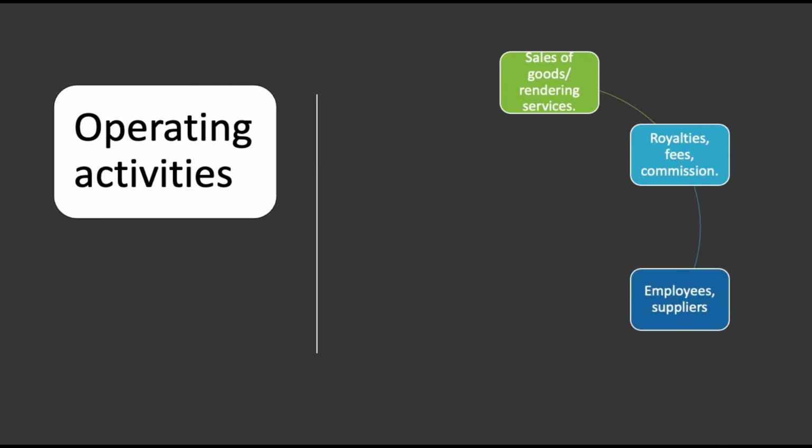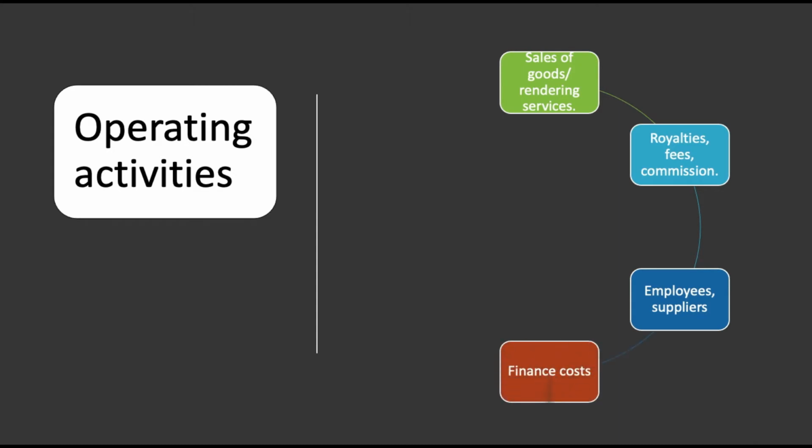Another source of cash in could be from royalties, fees, or commission that the entity would generate from operations. On the other hand, the elements of cash out under operating activities are either to be paid to suppliers in the sort of purchasing goods or receiving services, and paying salaries to the employees of the entity.